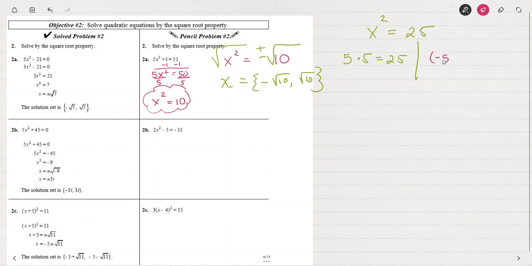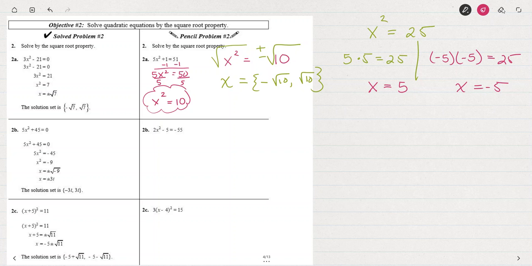I could also do -5 squared, because -5 squared is also 25. So I could see here that x could be 5 or x could be -5. So that example might help you recognize why we've got to do the plus or minus.